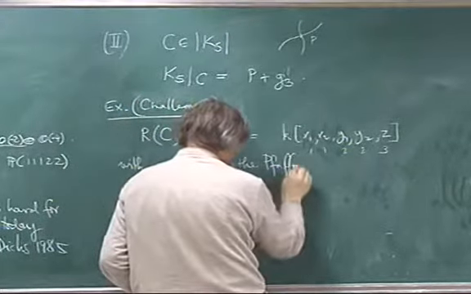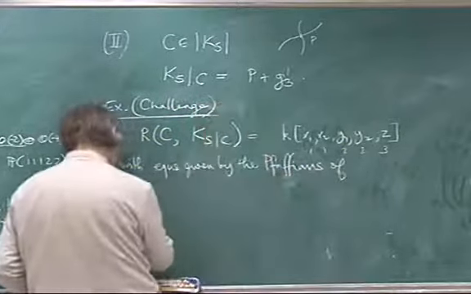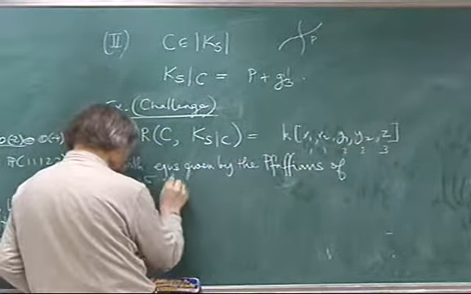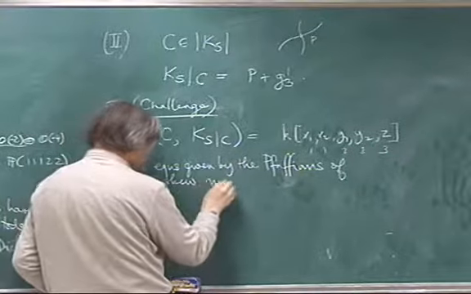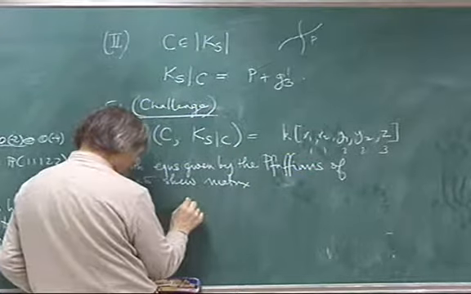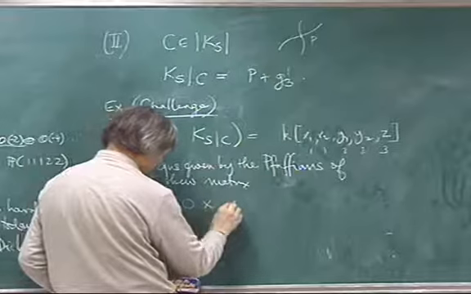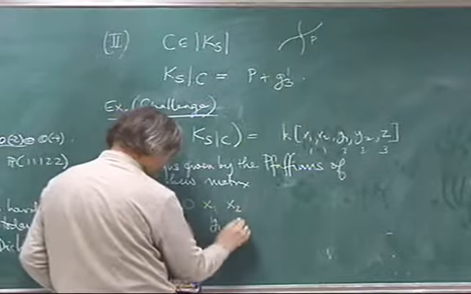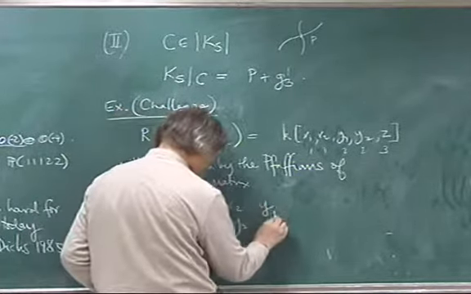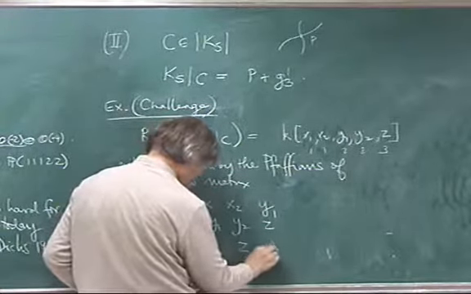I'm going to explain again, of a 5 by 5 skew matrix that I can write like this: 0, x1, x2, y1, y2, y1, z, z, a, b.